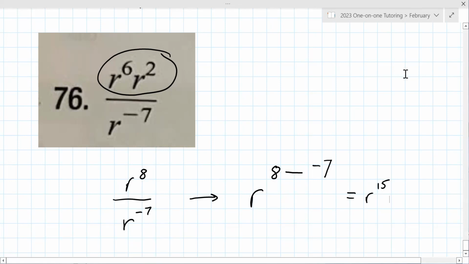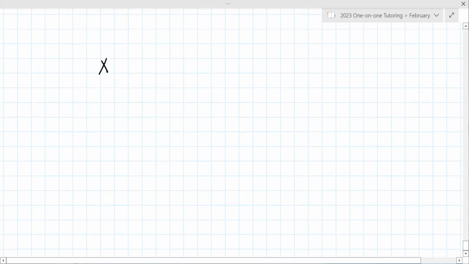Let me have you try another one like this. Let me know when you get all that down. Okay. Let's go: x to the 4th over x to the -2 times x to the -3. Go ahead and simplify this for me, please.